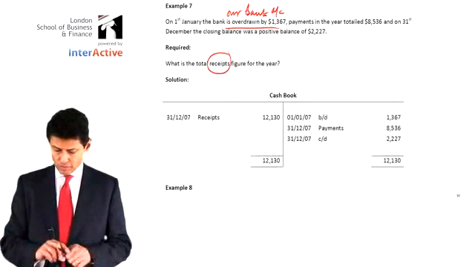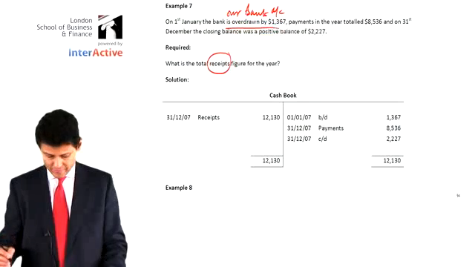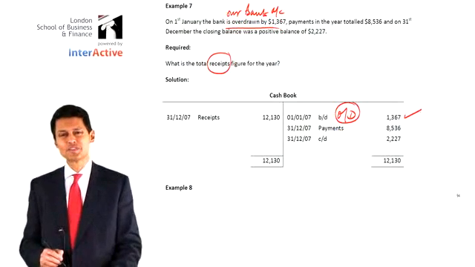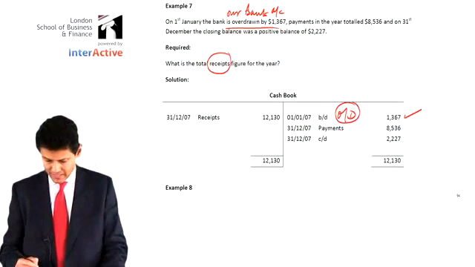What we must say is, if the bank is overdrawn, that 1367 should be the opening balance on this side. OD, oh dear, overdrawn, 1367.